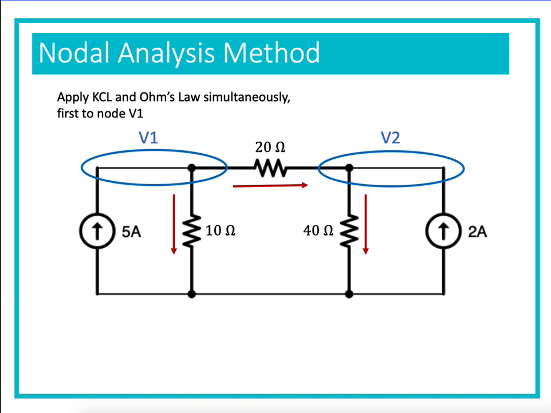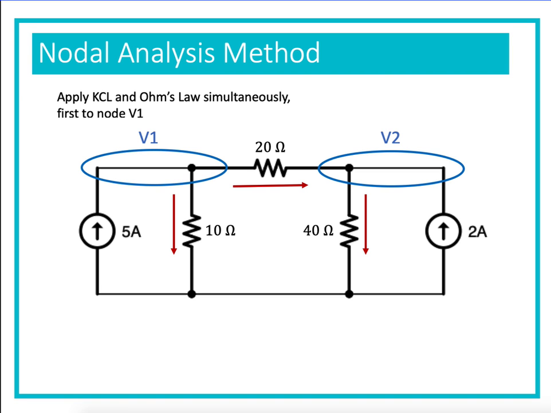So the first thing we do is apply Kirchhoff's current law and Ohm's law at the same time. We're going to look at all the currents in and out of node V1 first. So we have 5 amps coming in, and remember we always treat currents going into the node as positive. And then we have the current through the 10 ohm going out, and we know that the value of that current is V1 over 10.